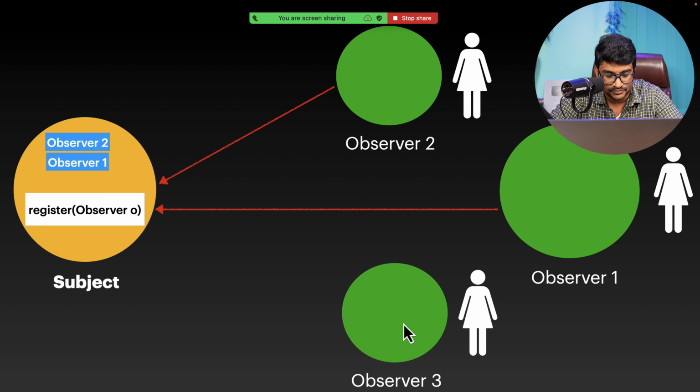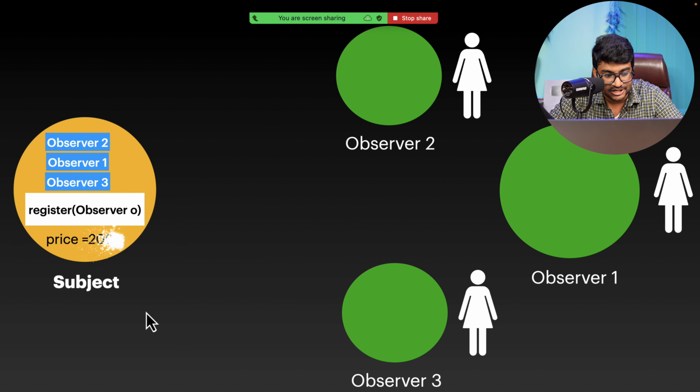And let's say this observer also wants to get the updates. It will register itself with the subject by calling that register method. And this observer 3's details are also set with the subject right now. And now, whenever a price change happens, what will happen?